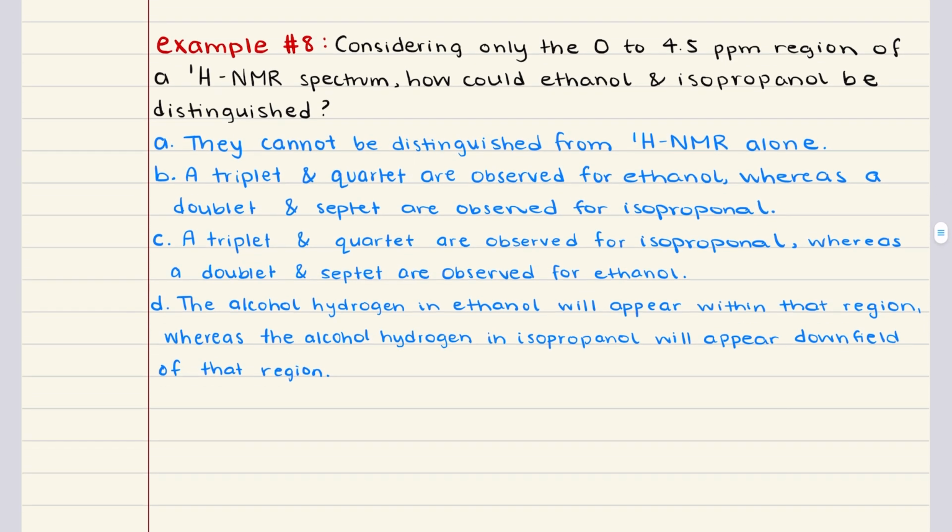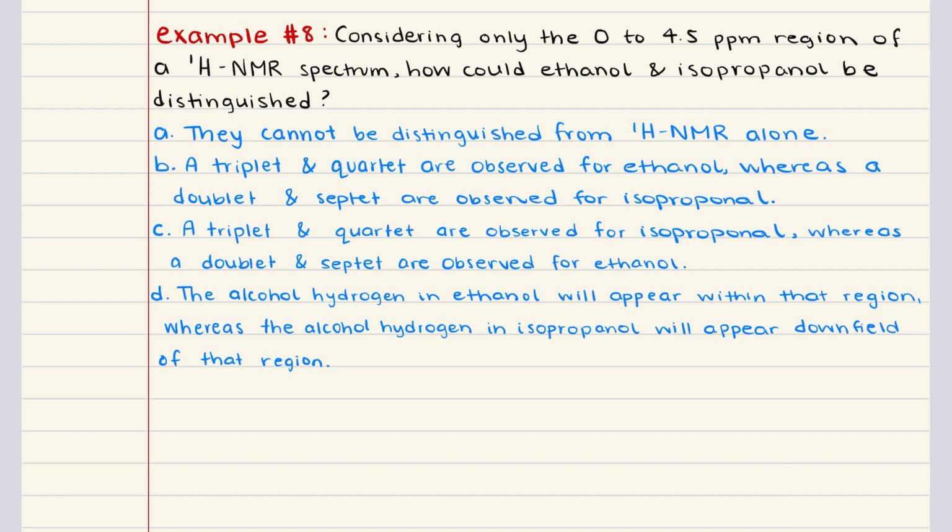Problem 8 says, considering only the 0 to 4.5 ppm region of a proton NMR spectrum, how could ethanol and isopropanol be distinguished? The key here is to recognize the coupling patterns caused by hydrogens on adjacent carbon atoms, which show up clearly within this chemical shift range.